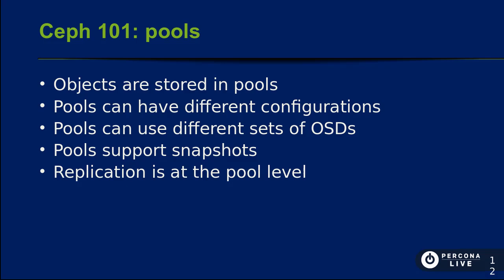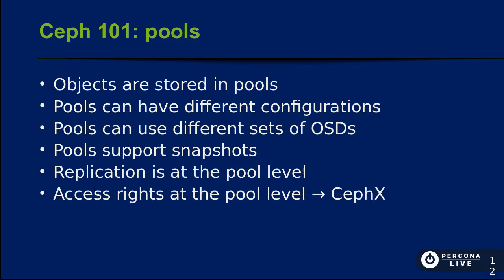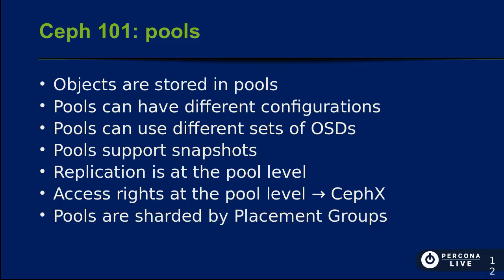It's the whole pool that replicates given the configuration parameter you set for the pool. And the access rights are also defined at the pool level. So Ceph uses CephX. You have a bunch of keys, you associate access rights with those keys, read, write, whatever. And given the key you have, you access the pools you have access to.